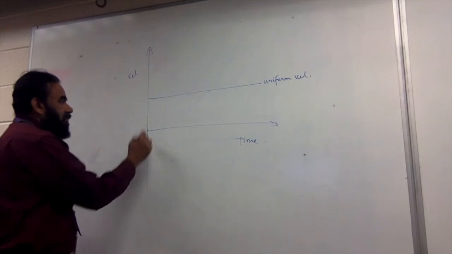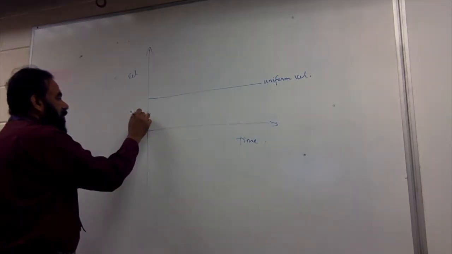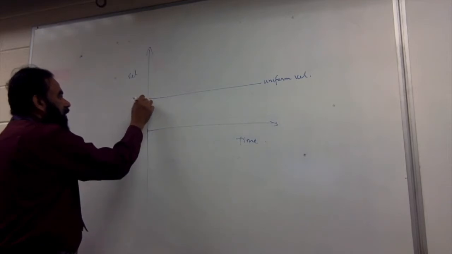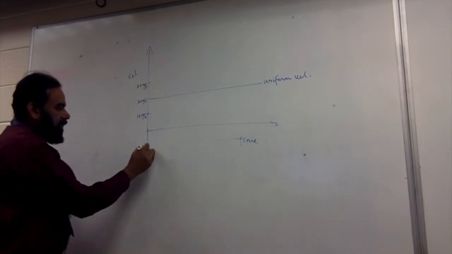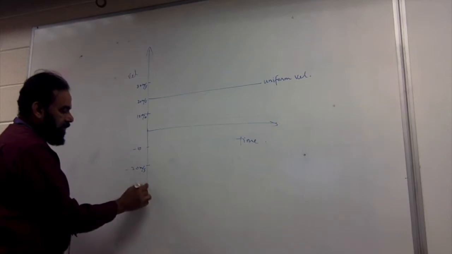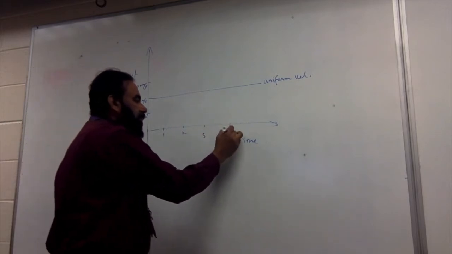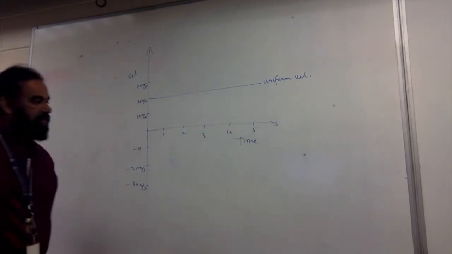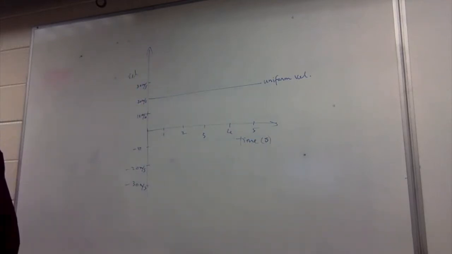What does this line represent? So let's say 10 meters per second, 20 meters per second, 30 meters per second, and minus 10, minus 20, minus 30 meters per second, and the time 1, 2, 3, 4, 5 seconds. So on this graph, that means uniform velocity.